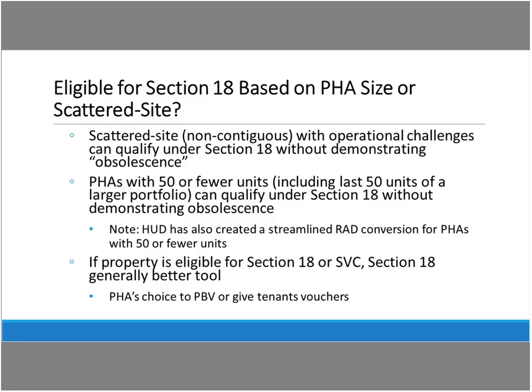And then we talked about SVC a lot. It is an eligible path for housing authorities with 250 or less, but there's a lot of say that households have in determining how the vouchers will be used. That's eligibility for Section 18.